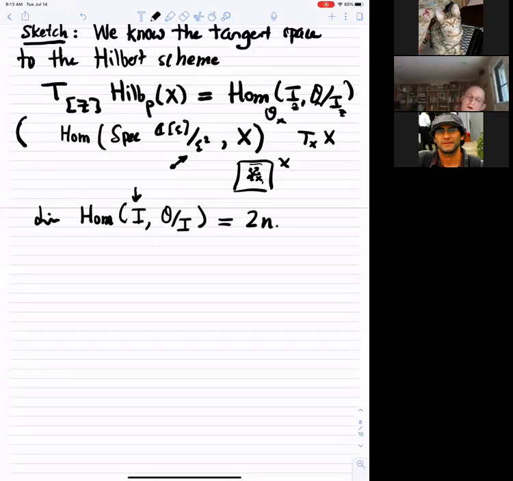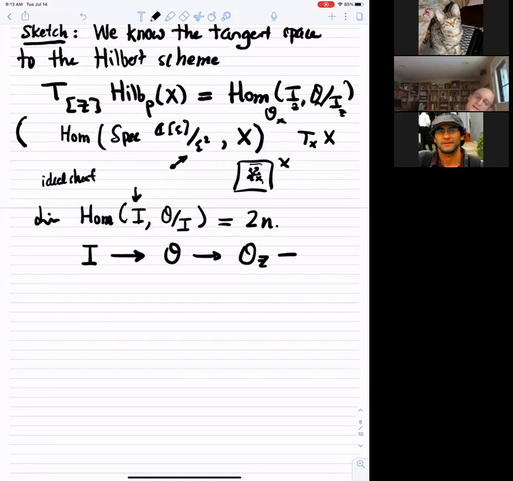This is not such a hard calculation, so let's just do it. You have the standard exact sequence: the ideal sits in the structure sheaf, and then the quotient O_Z. Here, we are back to I being the ideal sheaf of n points, with Hilbert polynomial equal to n.